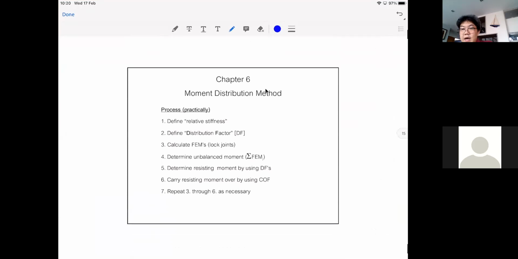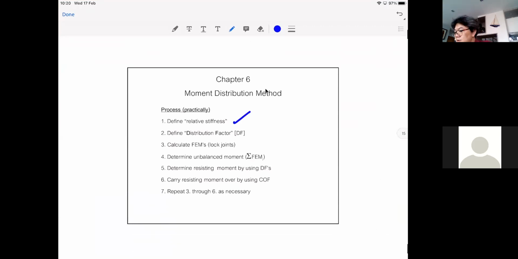So after the concept, we can say the practical procedure of moment distribution can be summarized as follows. Okay, first you define the relative stiffness. You need the K to calculate the distribution factor.